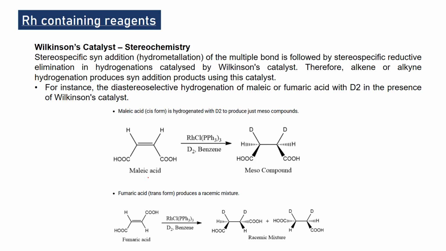So in case of maleic acid, when this Wilkinson catalyst is used, we get a meso compound. But in case of fumaric acid, we get a mixture of products.